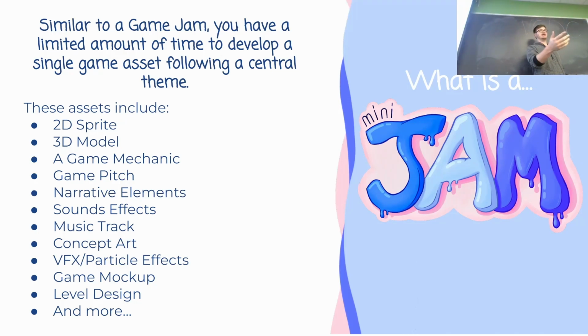We've done some over the past couple of years, but we basically take an hour of our meeting time and we encourage people to create anything related to a game. So it can be a 2D sprite, 3D model, game mechanic, game pitch, narrative elements, sound effects. The list goes on. We'll give you an hour to create anything related to a game, and we'll share it with each other.